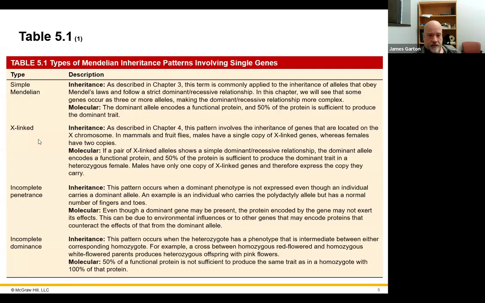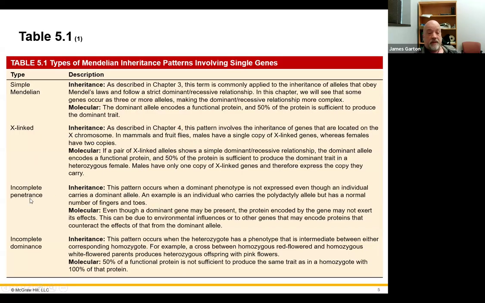Then you have X-linked, a gene on a sex chromosome, so males and females have different numbers of these chromosomes. In some cases, those alleles are simply dominant recessive. In some cases, 50% of the functional protein is enough. In some cases, 50% of that protein is not enough.